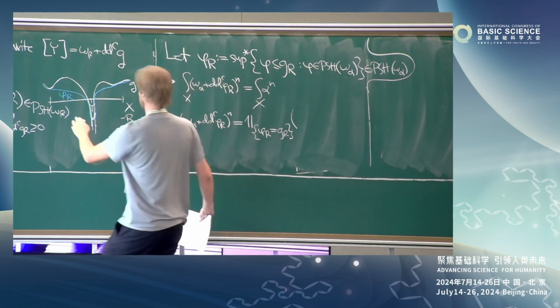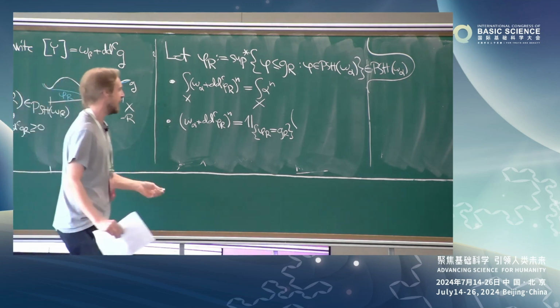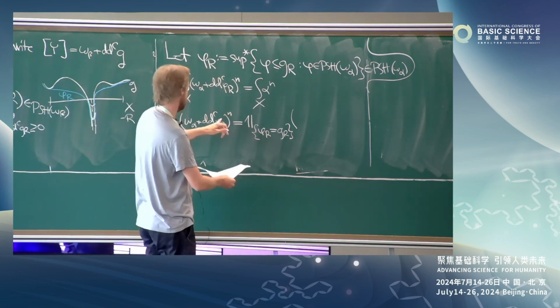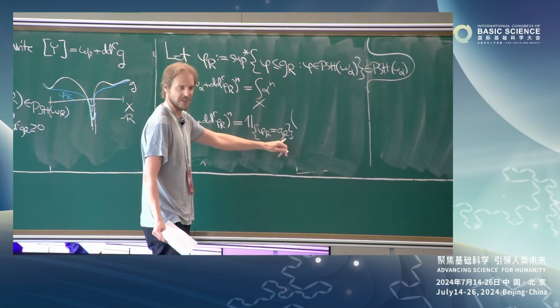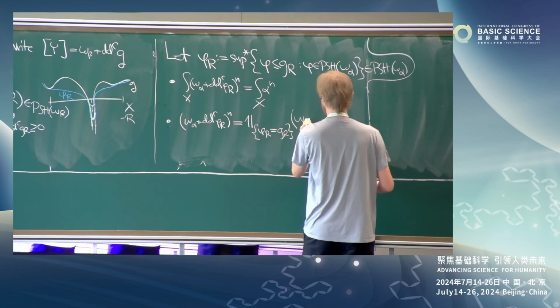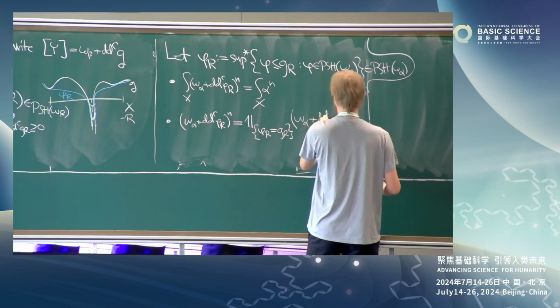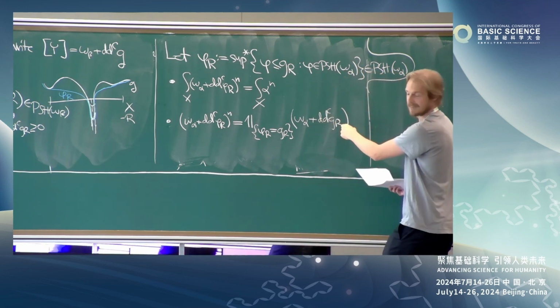So it's supported where these two agree, and naively, since phi_R is equal to g_R there, you can just change it here.